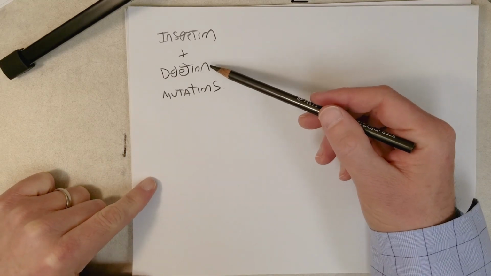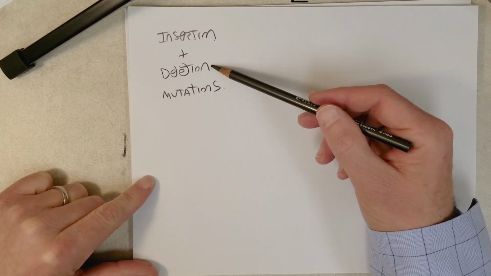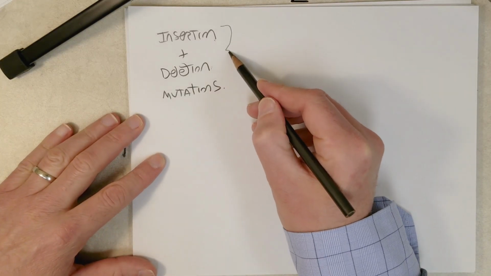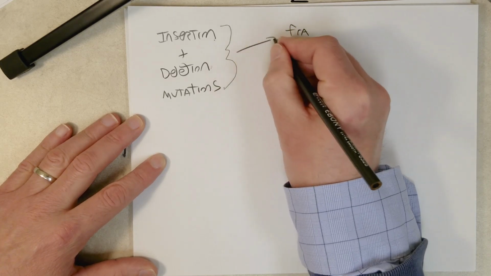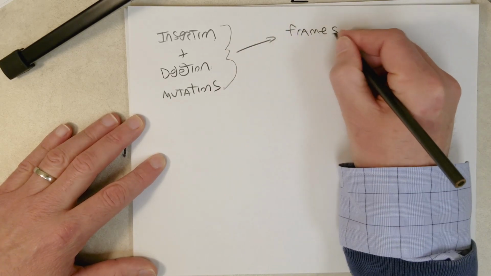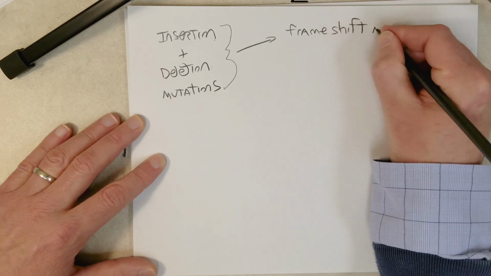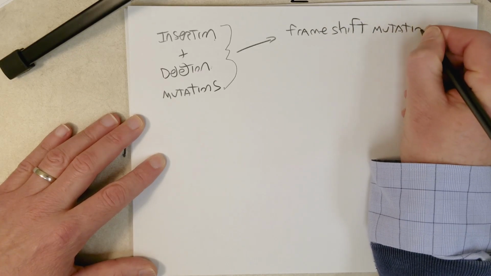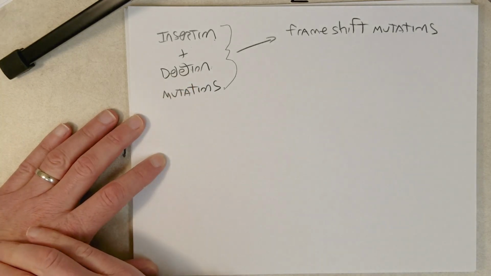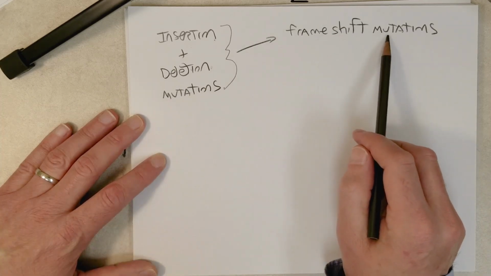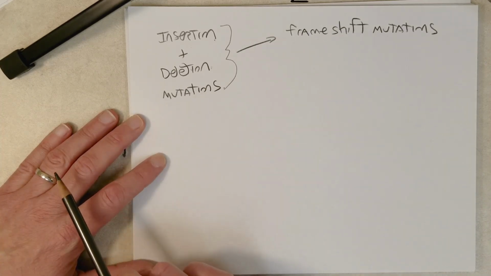In deletion, we're deleting nucleotides that were there. And these can cause what we call frameshift mutations. If these occur in the coding region of a gene, they can cause a frameshift mutation. So frameshift mutations are specific for coding regions of genes.